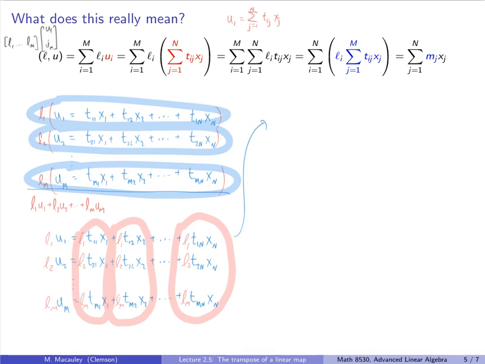It is going to be L1 T11 X1 plus L2 T21 X1 plus all the way up to LM TM1 X1.